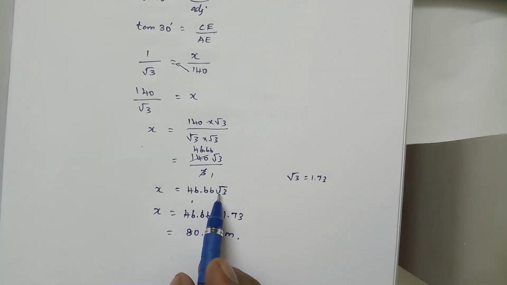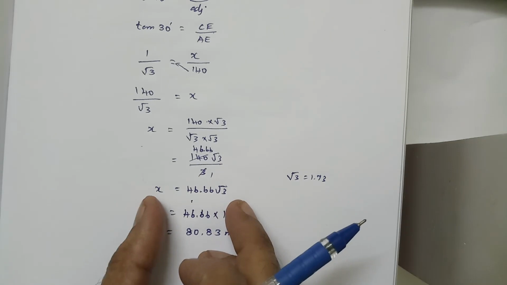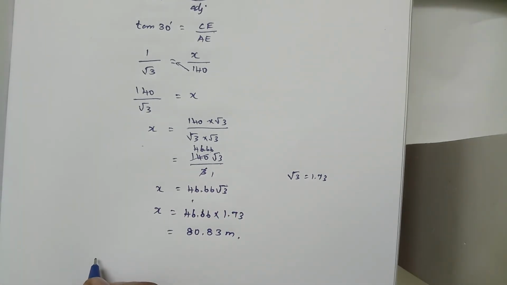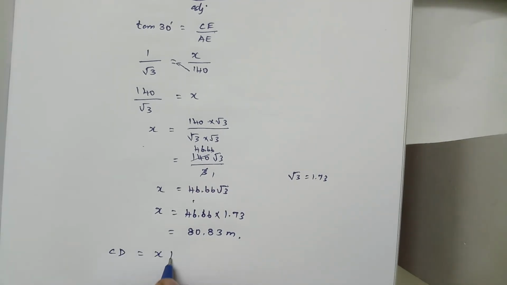Why am I substituting the value of root 3 even though they didn't give it? Because we are still going to add 60 to 80.83. What we want to find is the height of the second tower, CD, which is x plus 60.